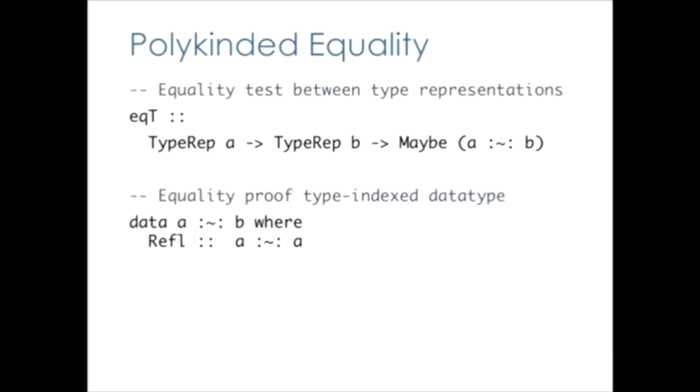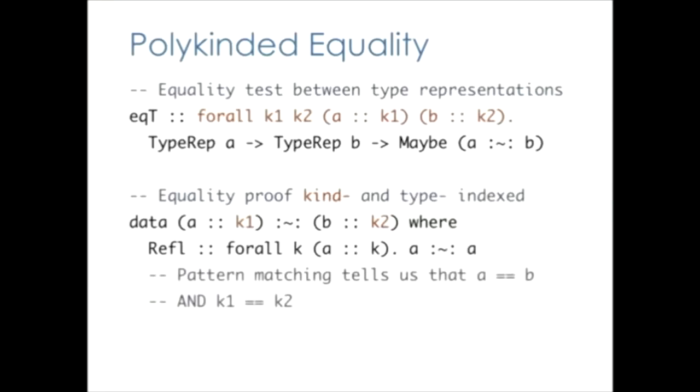But we have to be careful. What are the kinds of A and B? So I'm going to be a little bit more explicit here. A has to be able to have kind 1, and B has to be able to have kind 2. They shouldn't restrict that A and B have the same kind. We had to be able to call ET with things with different kinds.